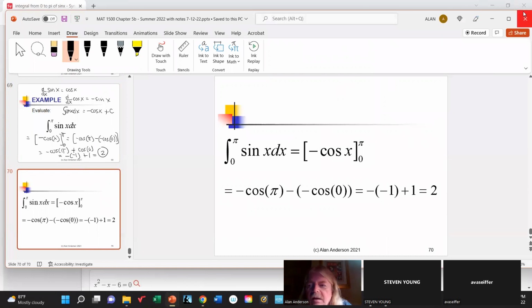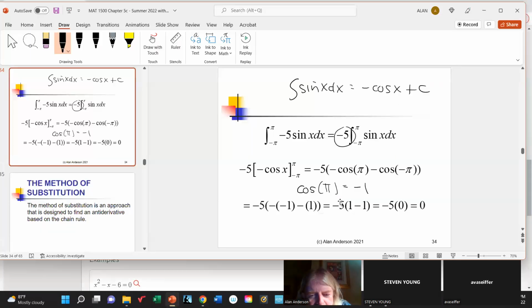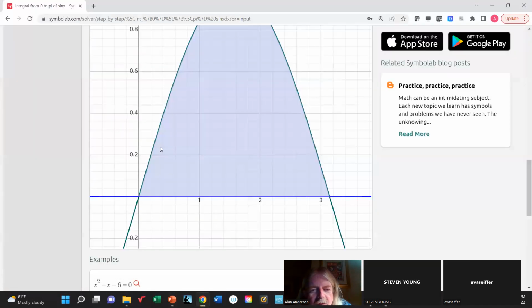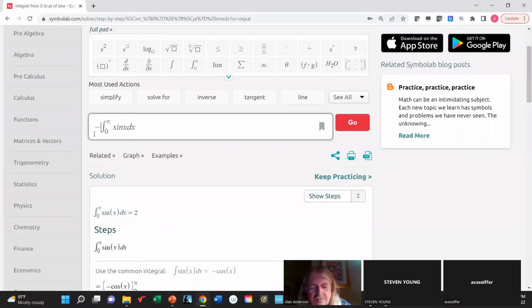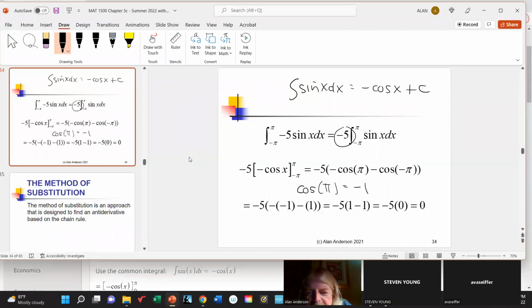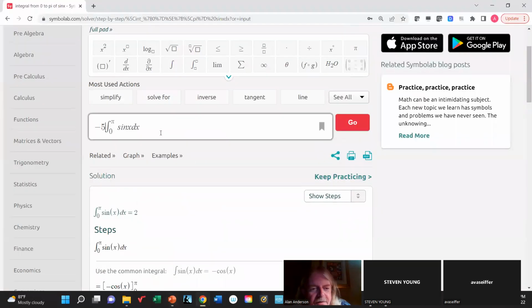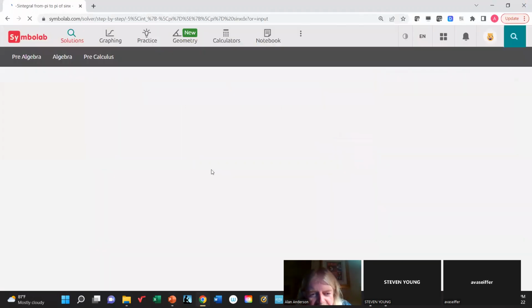I'm going to have to turn this one off. I'm going to keep doing this over and over again. This is what I wanted: the integral of sine x dx, ranging from negative to positive pi. This is what we wanted. There we go. Now we should see something interesting.